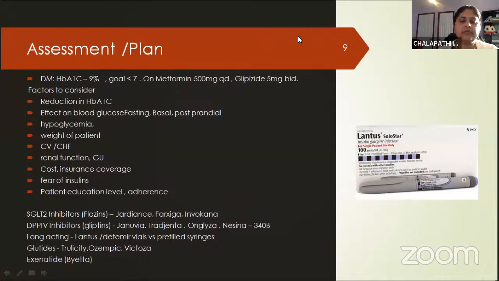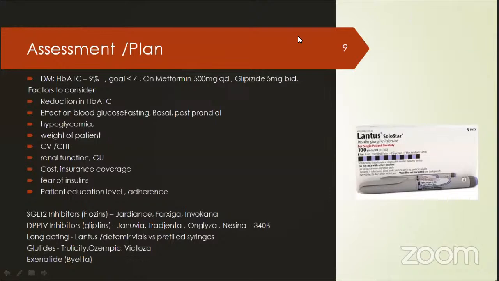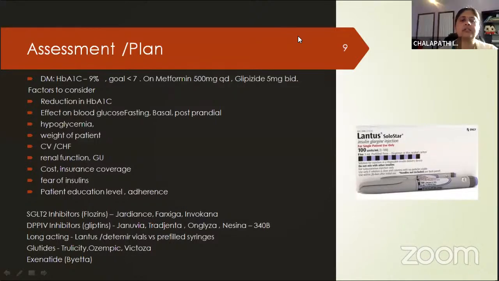What is the maximum for metformin? Do you know what is the maximum daily dose? Around 2000, right? 2550, so that is the maximum dose. Are we utilizing metformin to the maximum level? No, right? Here we are giving only 500 milligram per day.